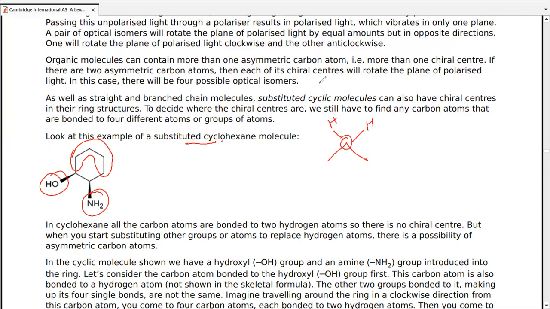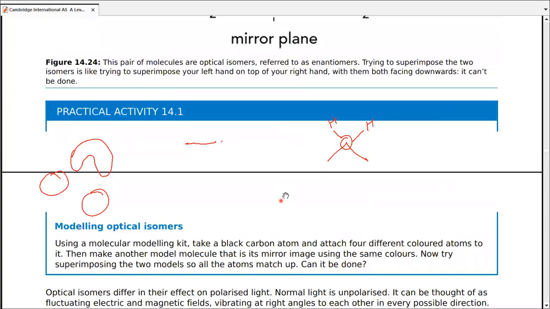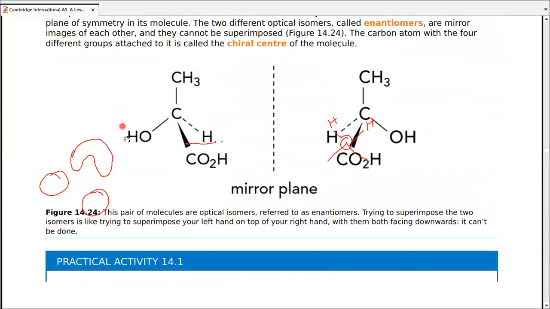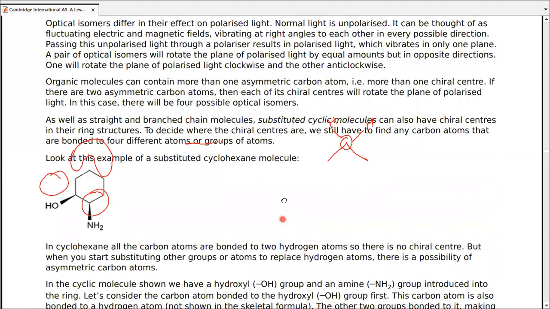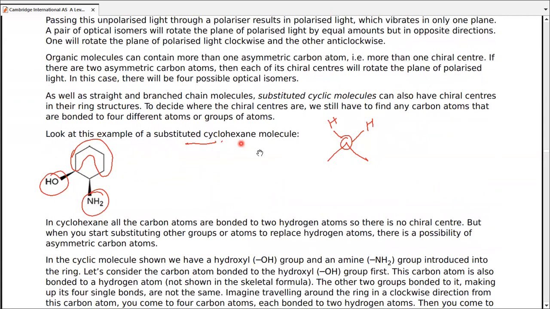The first property we need from chiral carbons is that all four atoms or groups of atoms have to be different. Take a look at this: hydrogen, hydroxyl, methyl, and carboxylic acid group. These are four different atoms or groups of atoms. Only then is this carbon chiral. So if I go back to where I was, this gives you a pretty good idea how these carbon atoms 1, 2, 3, 4 are not chiral, can never be chiral. Why?